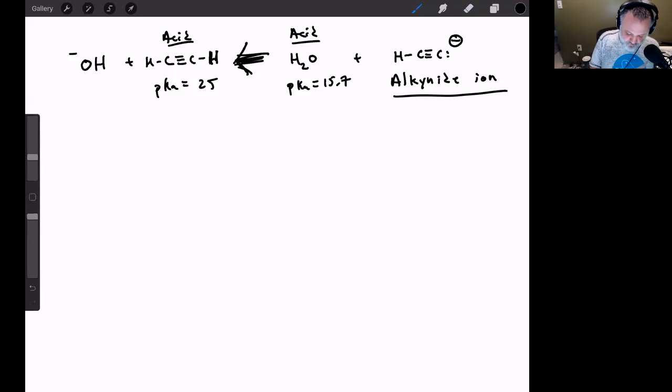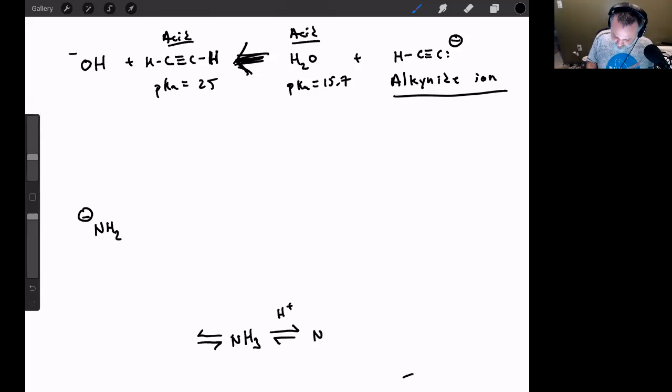But there is another base called sodium amide, and the amide ion is the negatively charged conjugate base of ammonia. And so if you think about ammonia, NH3, it can function as both a base or an acid. It can gain a proton to become NH4 plus, but it can also lose a proton to become NH2 minus.